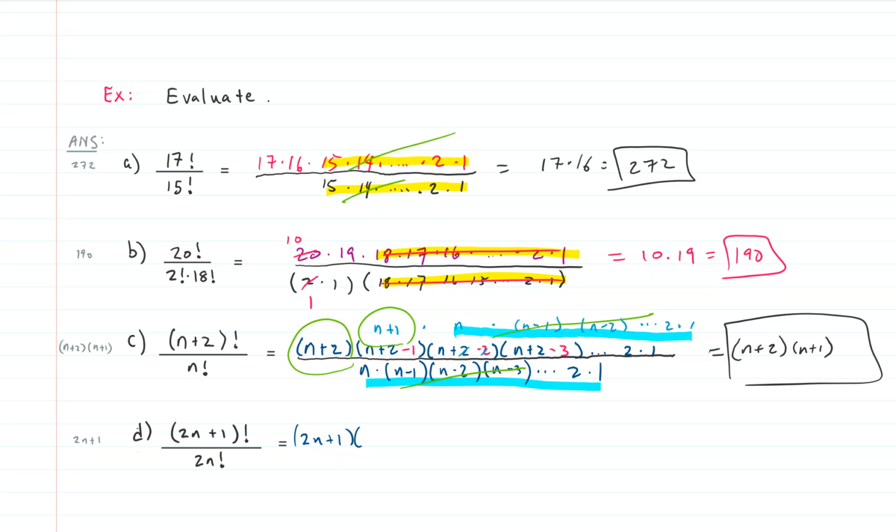So, 2n plus 1 minus 1, 2n plus 1 minus 2. Somehow I switched to black. Let's switch back to blue. And then we have 2n plus 1 minus 3, and so on down to 2 and 1.